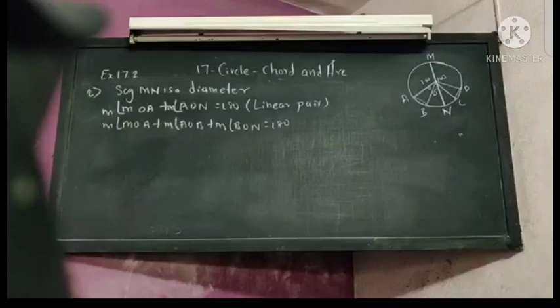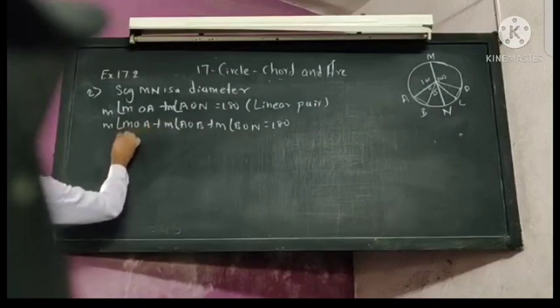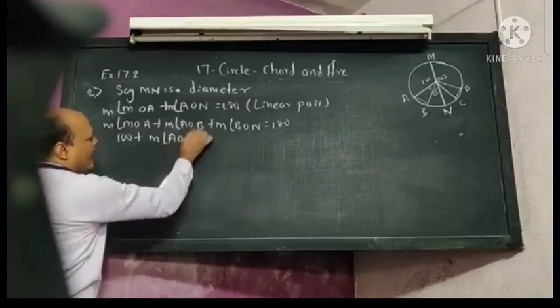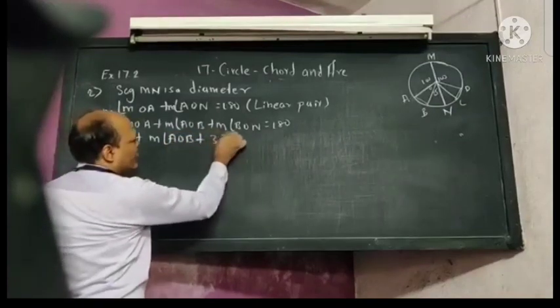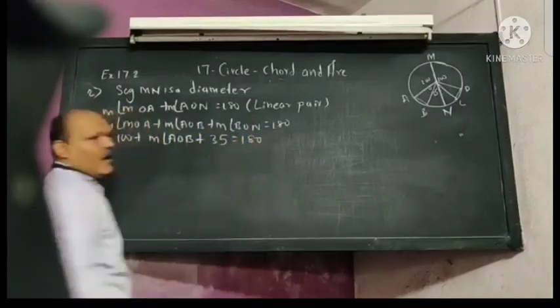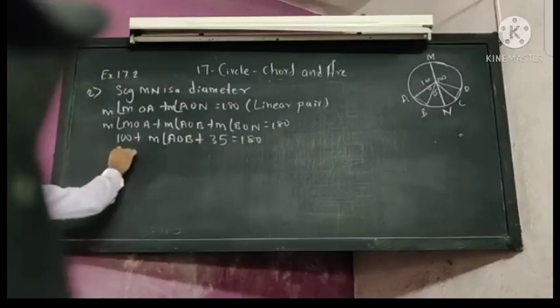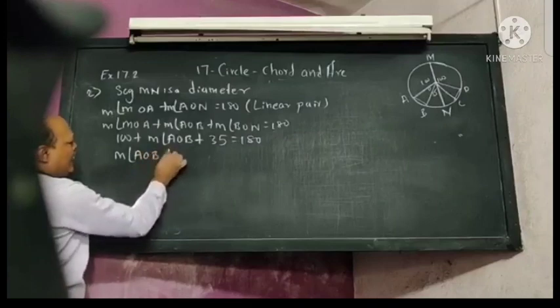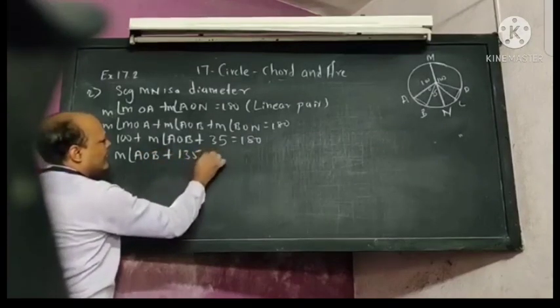Now we substitute the values we have. MOA is given as 100, plus measure angle AOB which we have to find, and this angle is given as 35, is equal to 180. Adding the two known angles, angle AOB plus 135 is equal to 180.